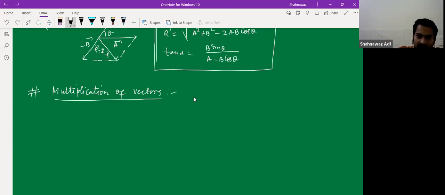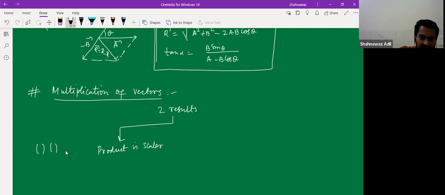If you have two vectors and you multiply them, there could be two results. One is that the product is scalar. If you multiply two vectors and the product is scalar. And the other result could be that the product is vector.